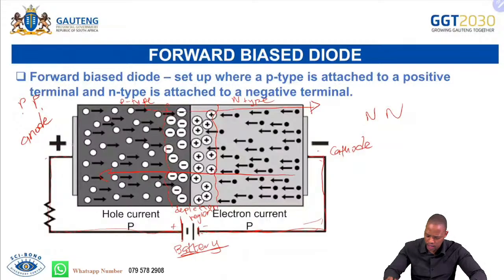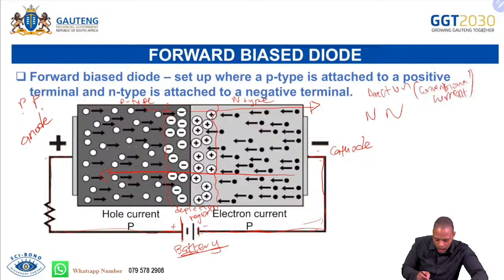Now, let me make sure that we are not creating misconceptions here, grade 12. You would remember that when we look for the direction of current, we look for what we call, in grade 10 again, conventional current. So whenever they ask a question, what is the direction of current then? You can see that the electrons are moving like this.